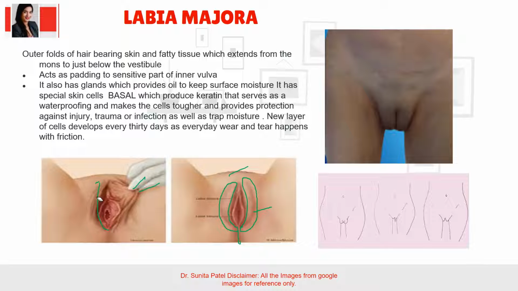So it is a very good special quality of the skin, protective skin, and that skin is going to protect our inner structures. It's something like my mouth, these lips, and the lips are soft. I can understand they're soft, but these lips are going to support my inner part. The inner part has different cells, the outer part has different cells. In the same way our labia has different cells, and that is going to protect our inner soft vestibule, which has epithelial layers.